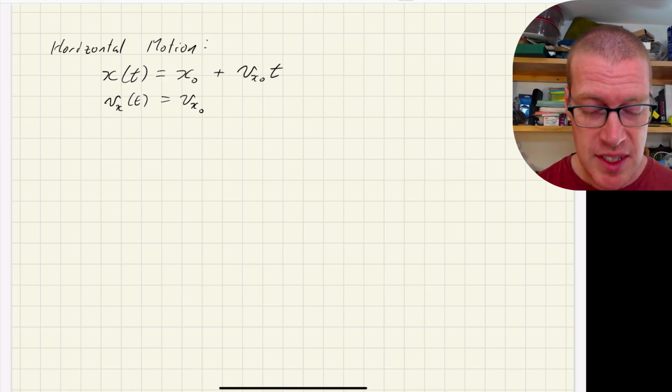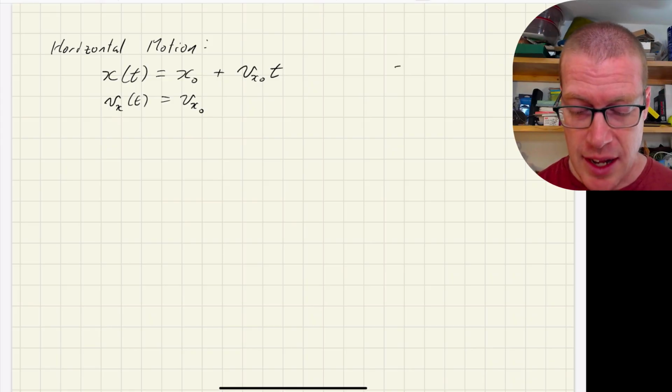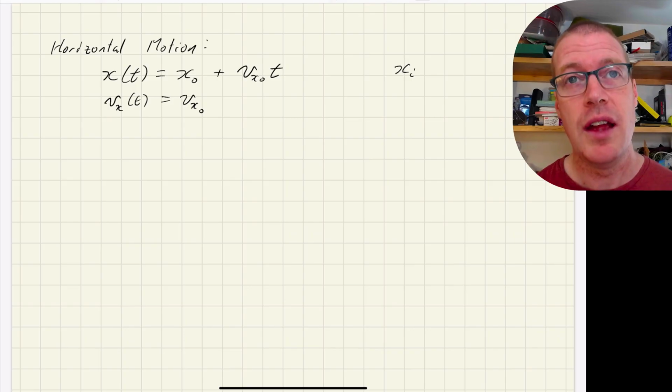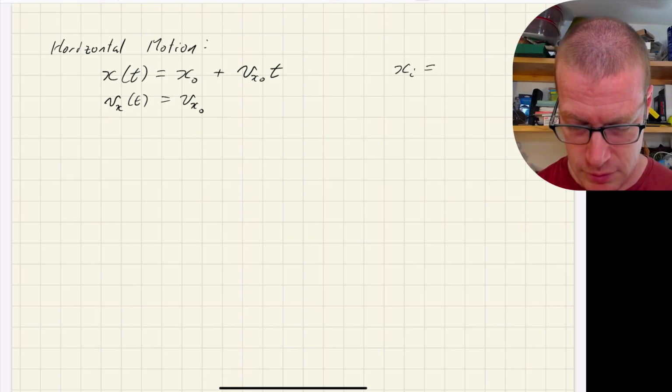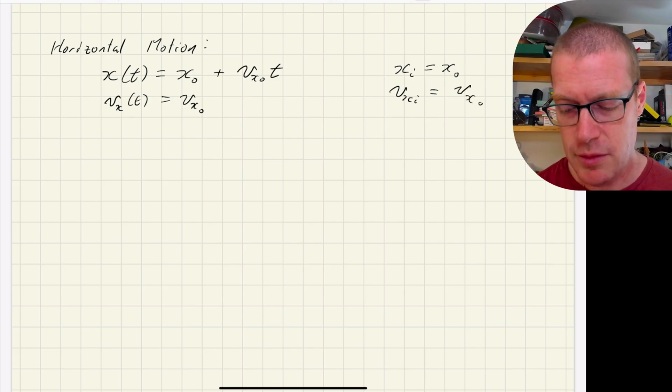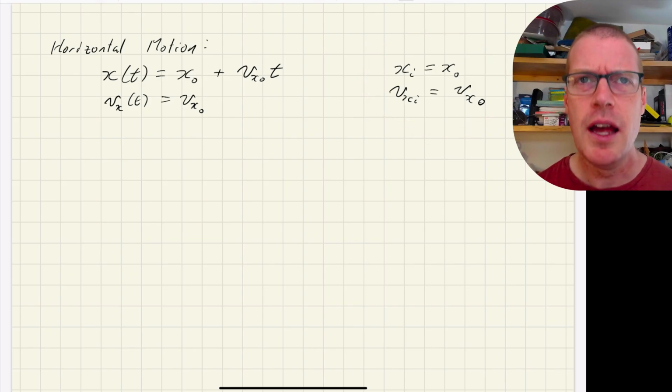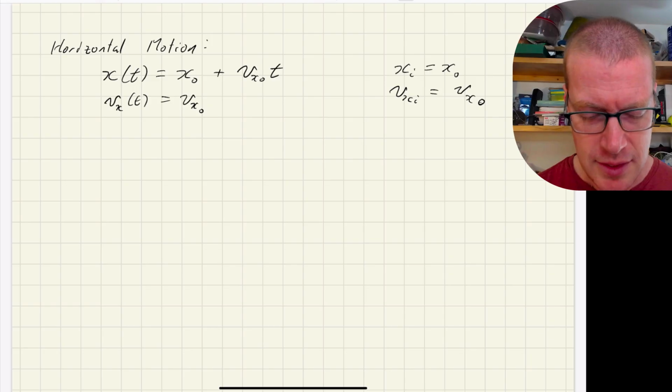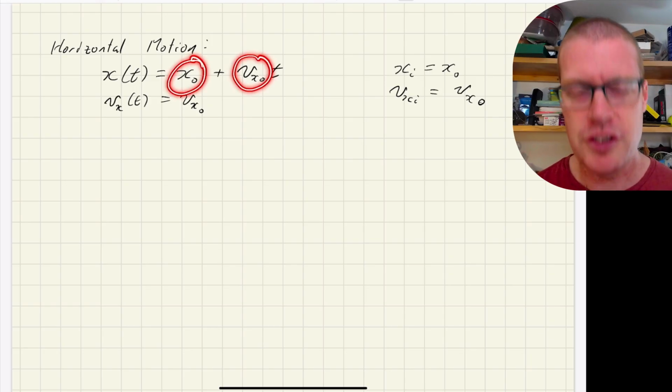I sometimes use xi instead of x naught, or vxi instead of vx naught. These mean the same thing. The important thing is not the symbol, the important thing is the concept. It's initial position, initial speed.